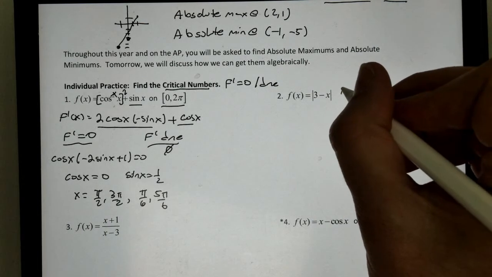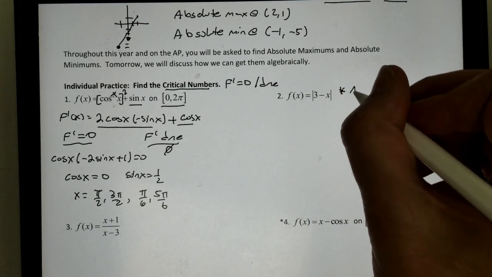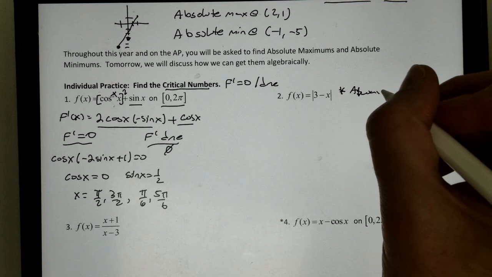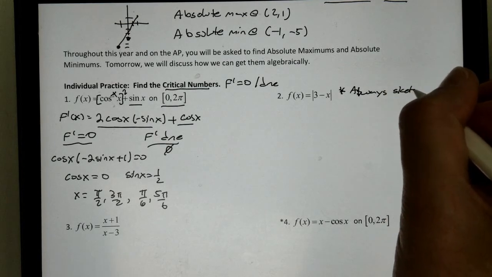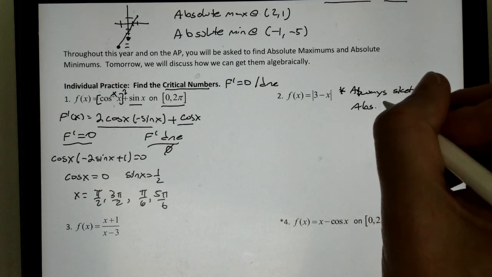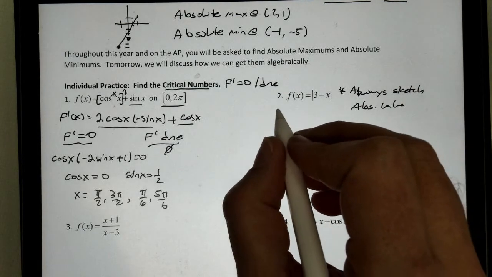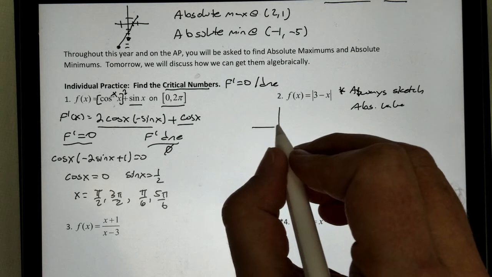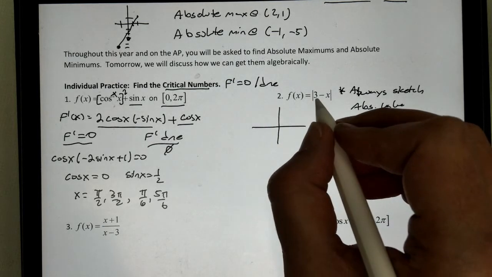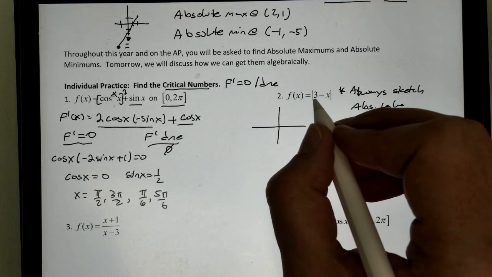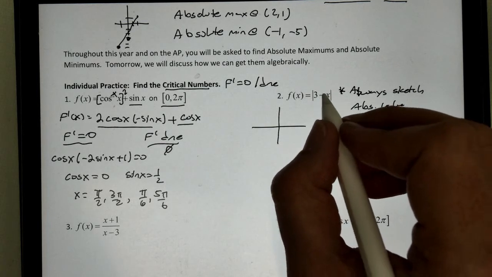Here's a good thing with absolute value: always sketch it. I can graph this from pre-cal last year. I just got to get my vertex.